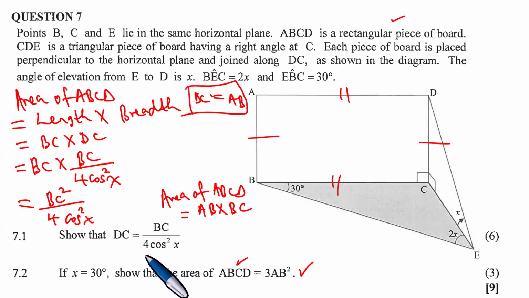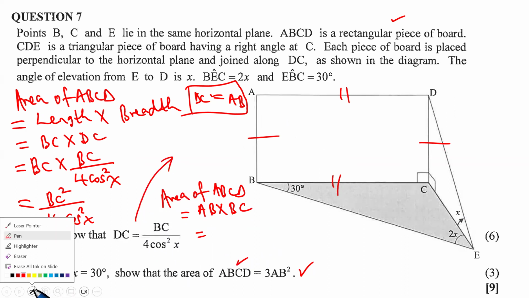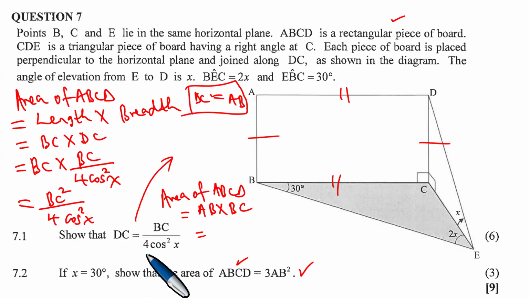So the question would be, what would BC be in this particular equation? Look at this. There is this particular equation we have got, and we wish to transform it. But x is 30. Remember x is 30, so you already have the answer. X equals 30.